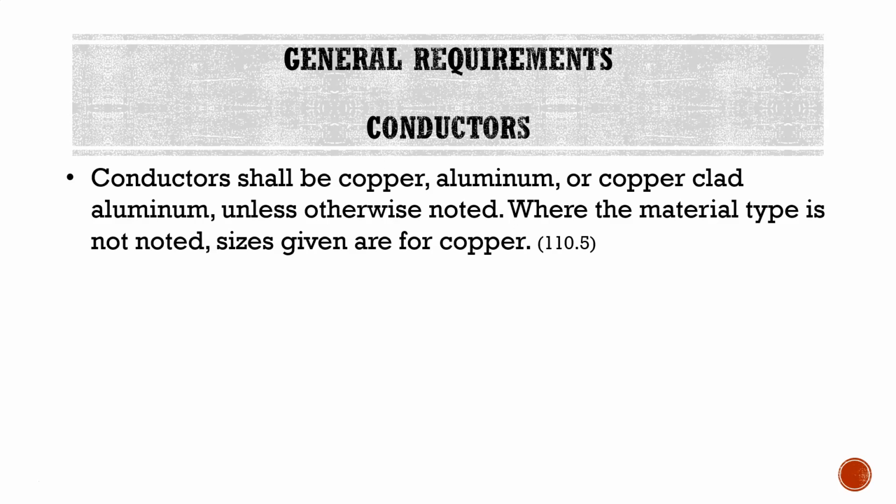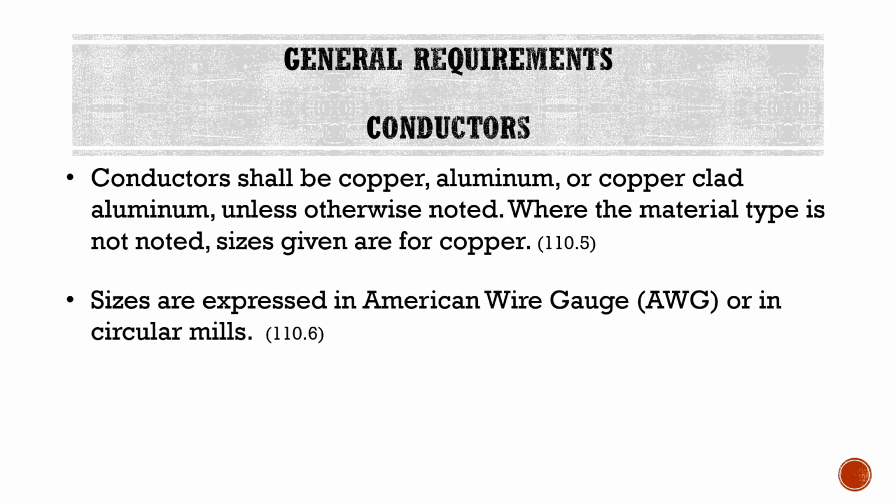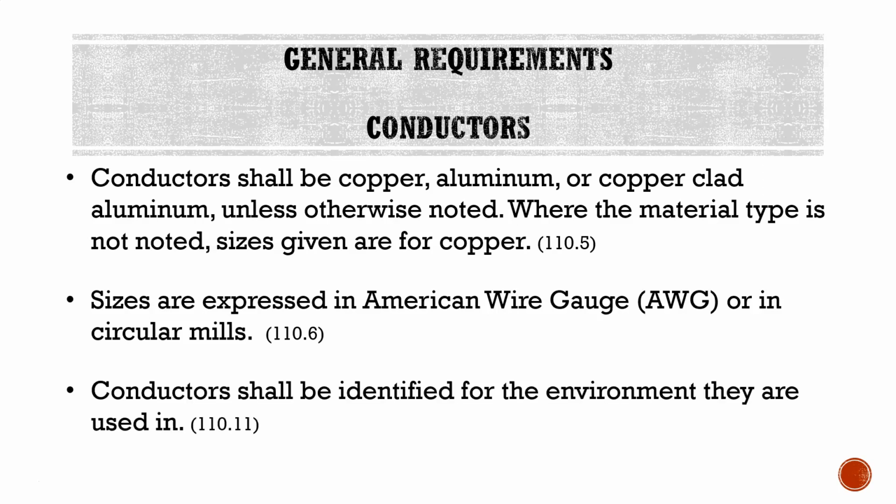Now, in the real world, of course, as we're about to find out in a little bit, whenever we're terminating a conductor to equipment, it has to be marked with what type of conductor we can actually use with it. Now, as I mentioned with the number 6 and 250 kcmil, all sizes stated in the NEC are going to be expressed in the American wire gauge, or AWG, system or in circular mils.